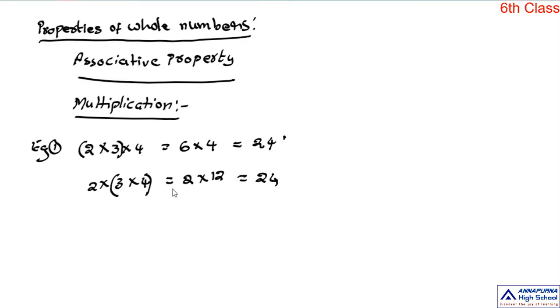So while multiplying whole numbers, we can group them in any manner. This is called associative property under multiplication.